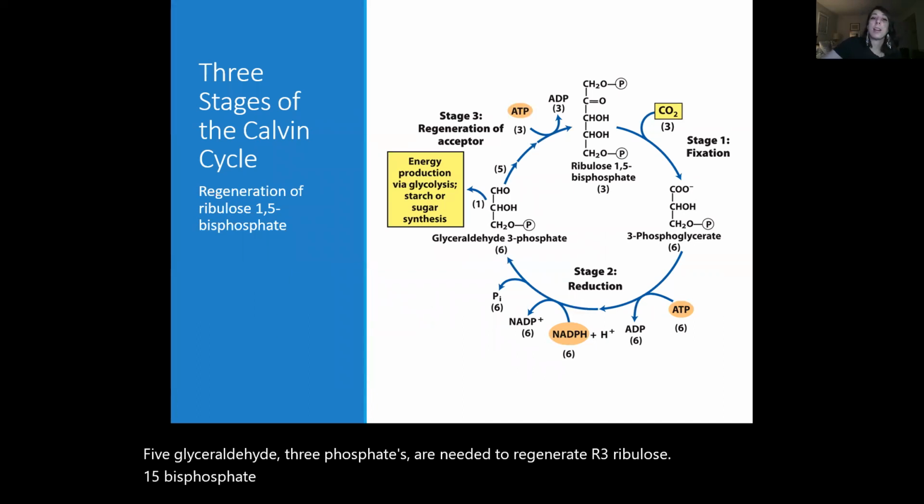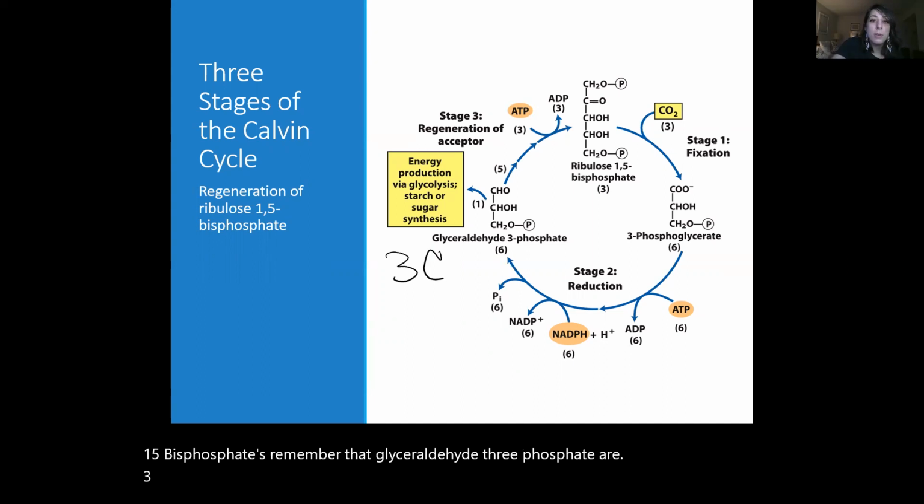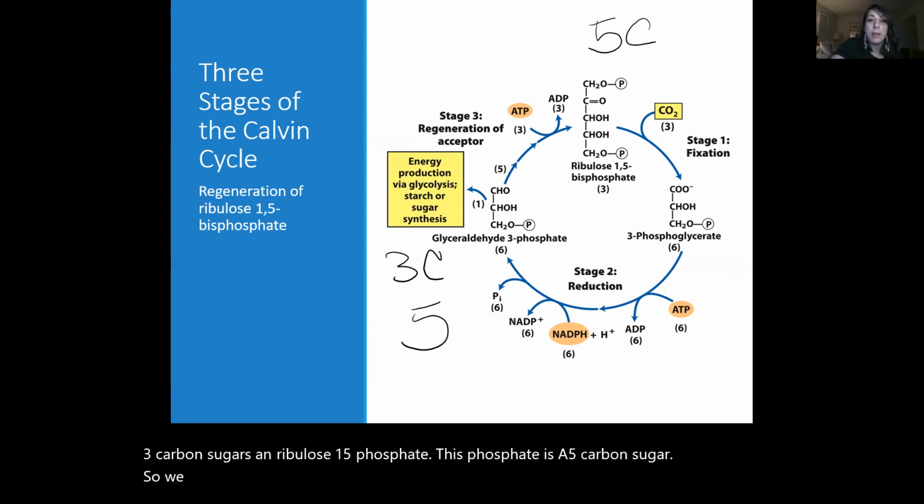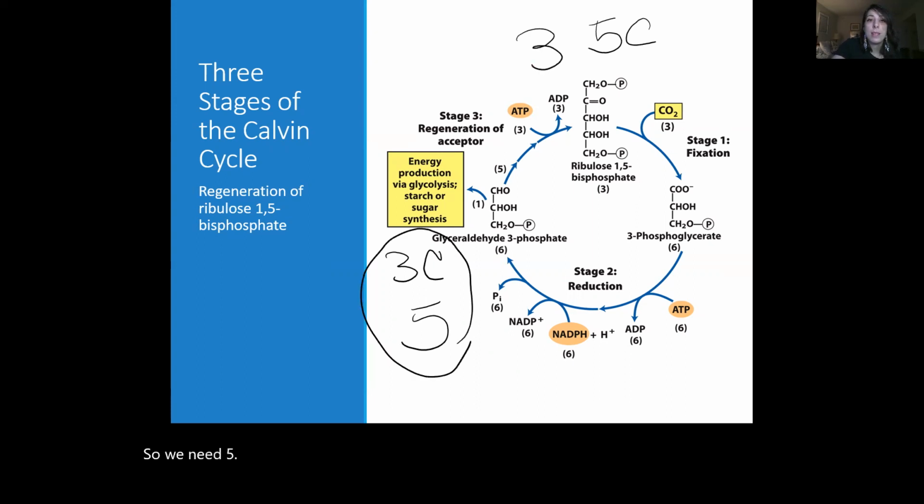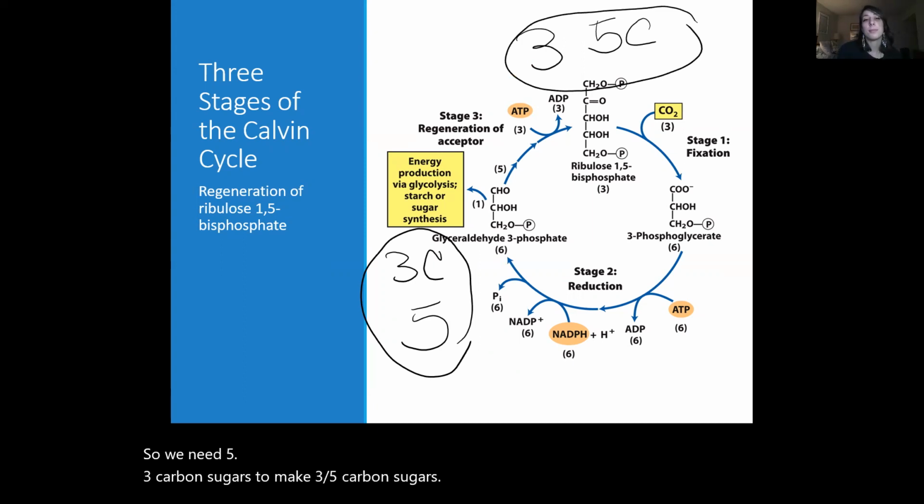Remember that glyceraldehyde 3-phosphates are 3 carbon sugars, and ribulose 1,5-bisphosphate is a 5 carbon sugar. So we need 5 3-carbon sugars to make 3 5-carbon sugars. And that is the whole of the Calvin cycle.